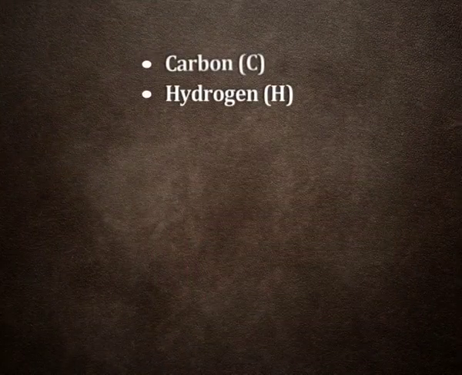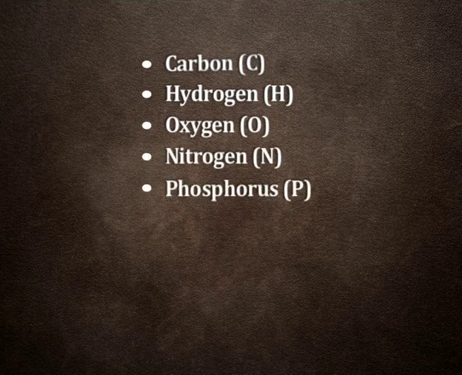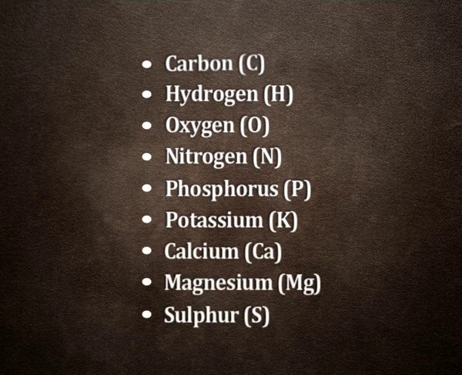The macroelements used in plant cell or tissue culture media include carbon, hydrogen, oxygen, nitrogen, phosphorus, potassium, calcium, magnesium, and sulfur.